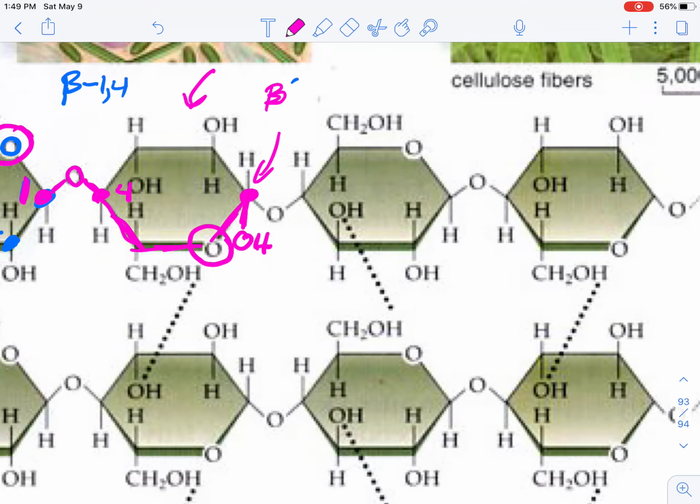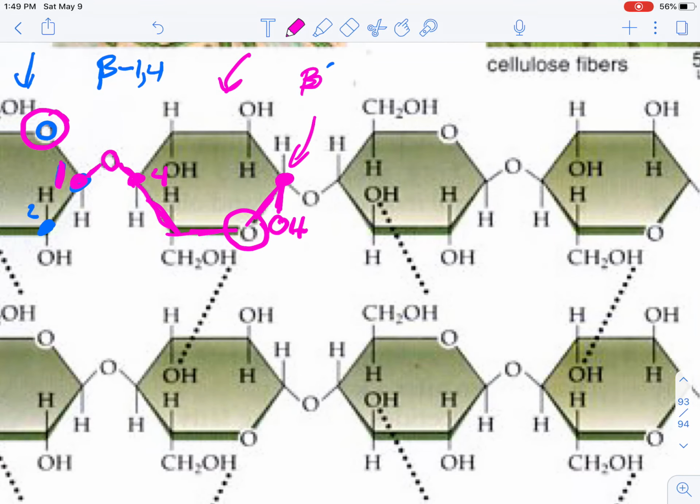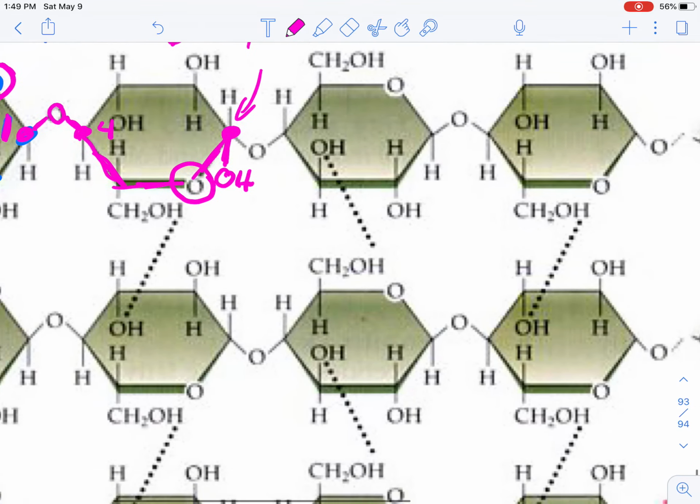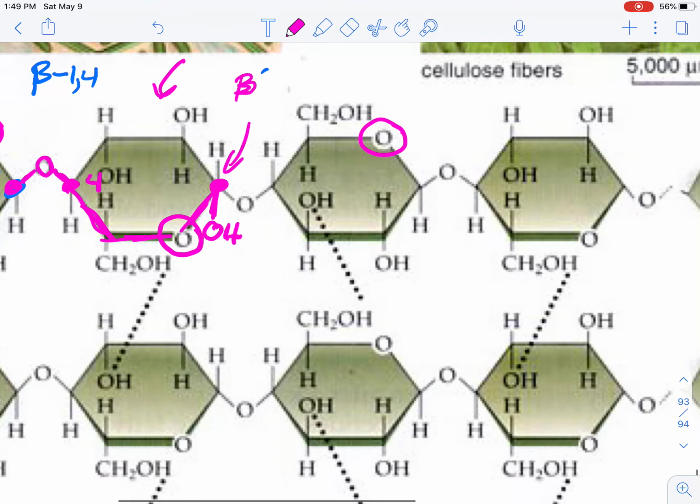But the consequence for us flipping that molecule so that carbon number 1 and carbon number 4 align would also flip the position of the hydroxyl group that's on the anomeric carbon. And so if you look at the next glucose molecule, the oxygen is now found recessed at the back. And so the third glucose molecule is not flipped.